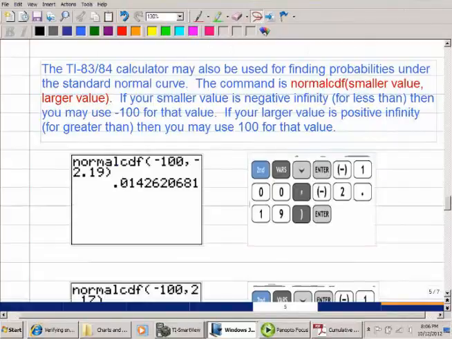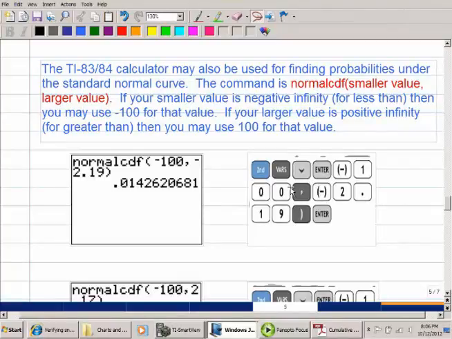Now you can also come up with these areas using the TI-83 or 84 calculator. There is a function that is in the same general area where the binom PDF is. I have the keystrokes listed right here. I will type one in just so you can see, but there are the keystrokes, how to get to it. The way you have to enter it is the normal CDF, you have to put in the smaller value and then the larger value.